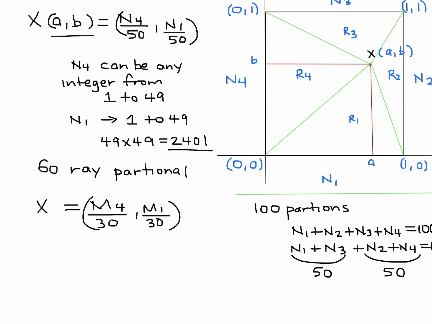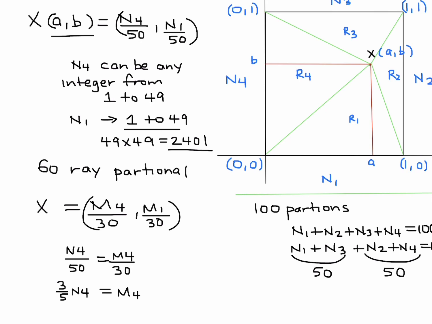So let's compare these to these. Well, we want to compare n4 over 50 to m4 over 30. And if you do the math there, you cross multiply, you get that m4 is 3 over 5 n4.